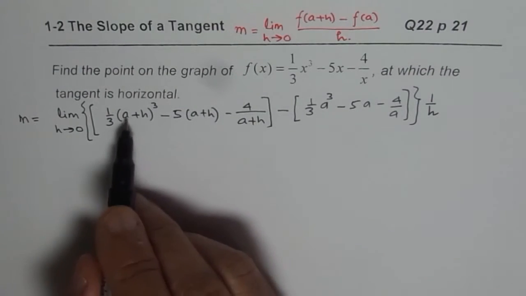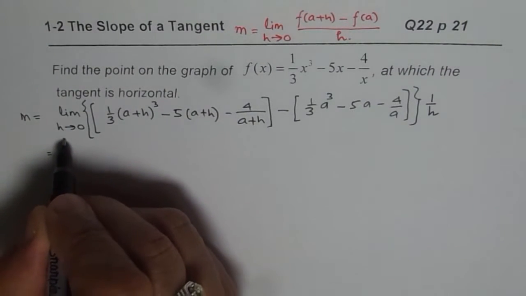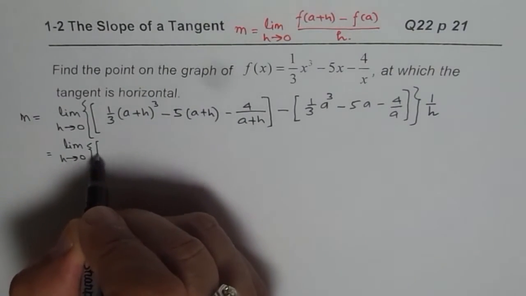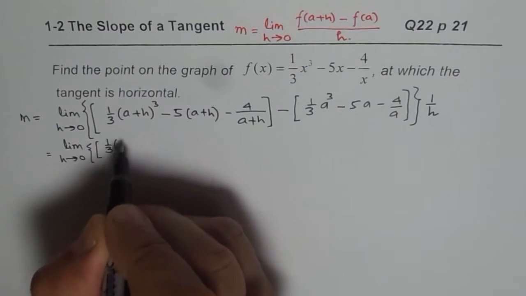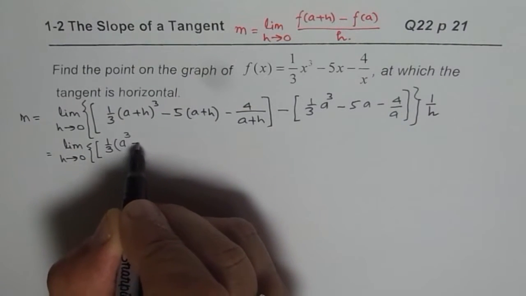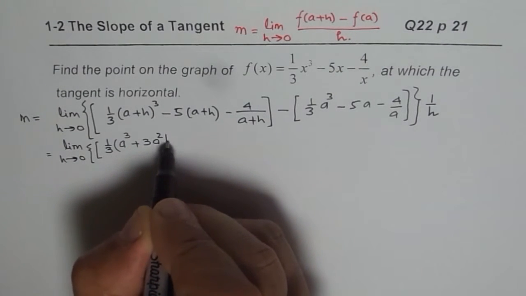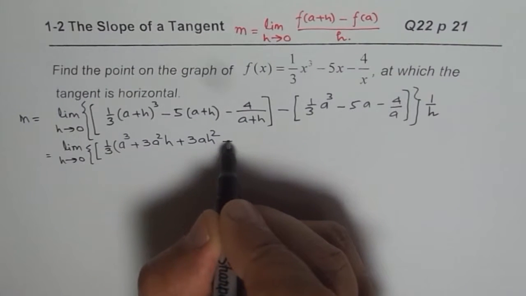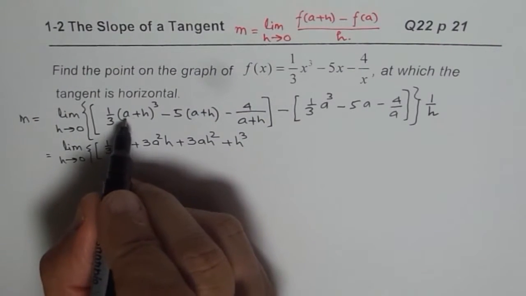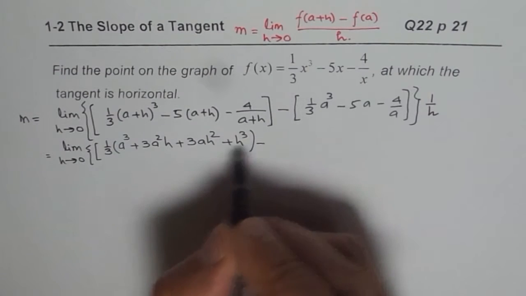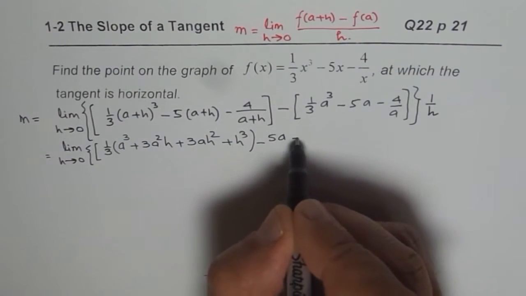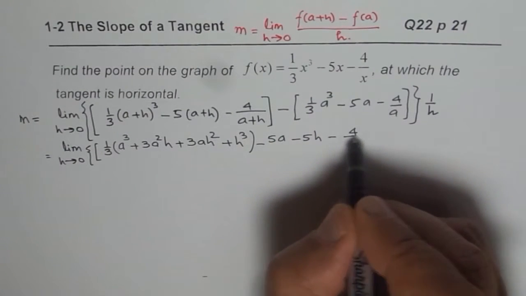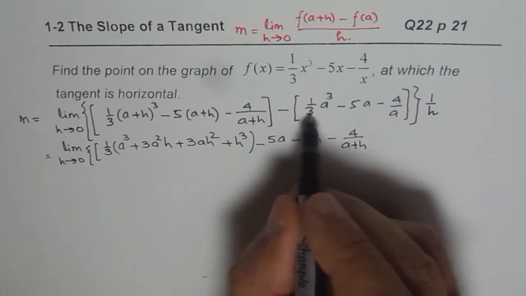Now let's solve by expanding the terms and then simplifying. Limit h approaches 0, we have 1 over 3 times a cube plus 3a square h, applying the formula, plus 3a h square plus h cube. That is the expansion of (a plus h) whole cube, minus 5a minus 5h, minus 4 over a plus h. Let's open this bracket.